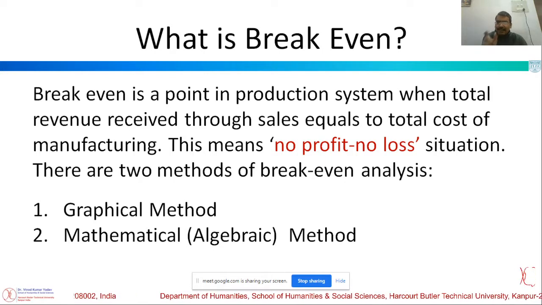It is a point on the line of the performance of your business at which you achieve a position of no profit and no loss. That means your total investment becomes equal to total revenue. Now, how do we calculate this, and what are the uses of break even analysis?